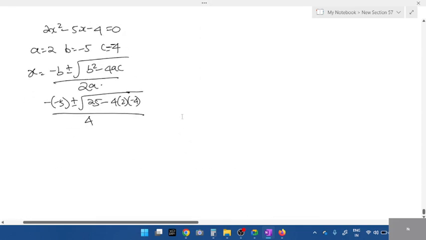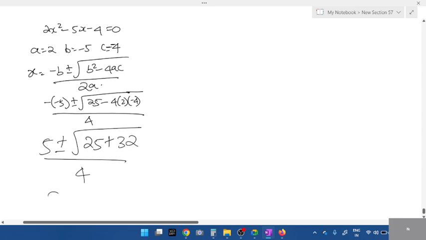Look here. You can do long division, but when they ask for a table, minus into minus is 5 plus minus square root of 25 plus 16 twos are 32, divided by 4. 5 plus minus square root of what is it?